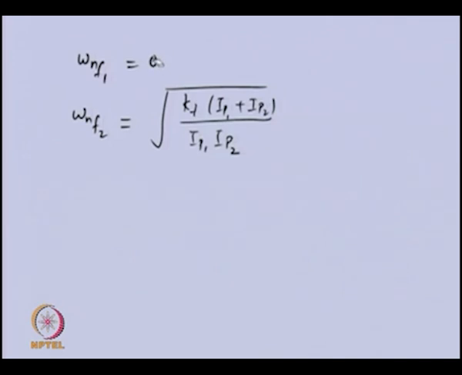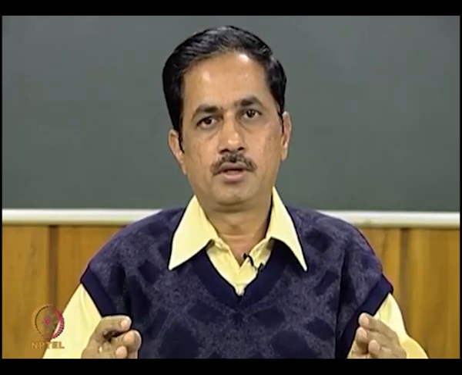For this particular natural frequency we will see what the physical interpretation is. For that we need to obtain the mode shape of the system. The mode shape is nothing but how the two disks are oscillating relative to each other. In this particular case we will see that when the natural frequency is 0, both the disks will be having identical displacements.